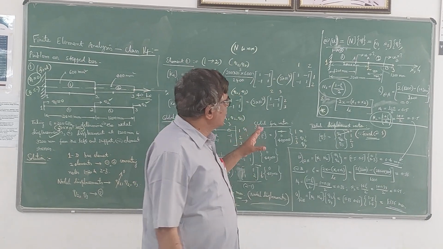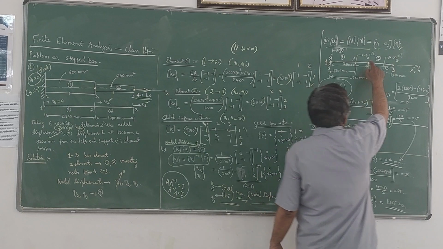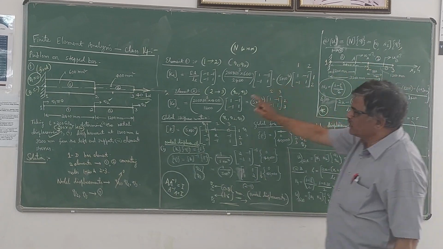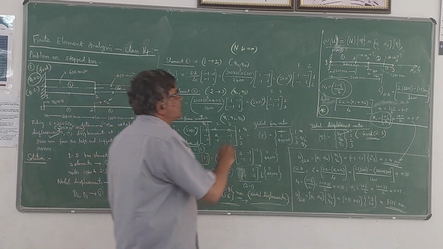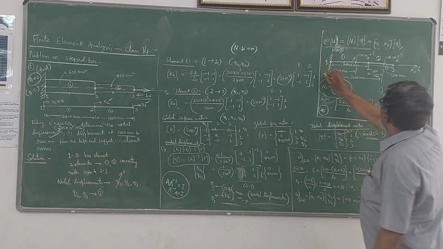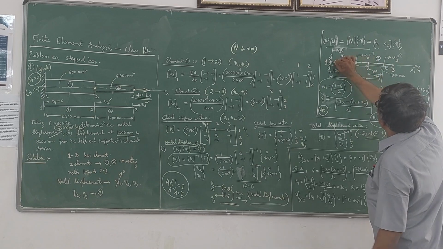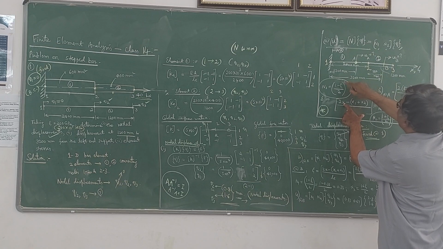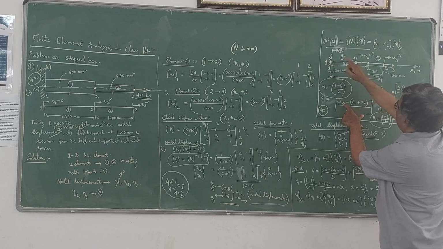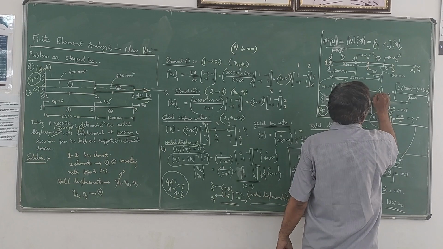So first, at what point has he asked? He has asked the displacement at 1200 mm first, from this left support. So from this you take point A at 1200 mm. So that x distance is 1200. This is the element now, 1, 2 is the element.